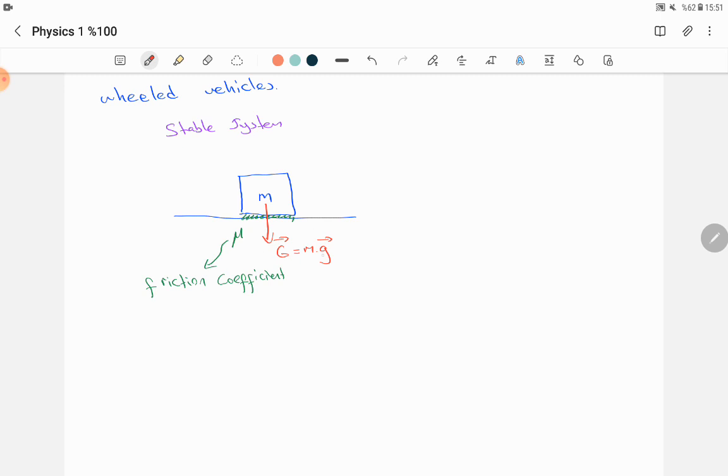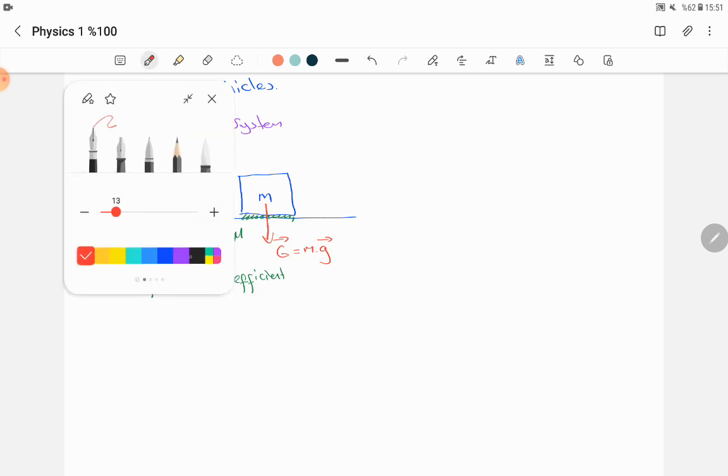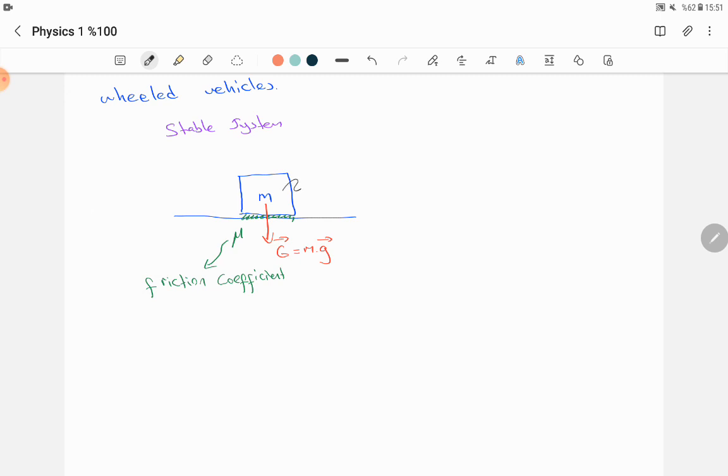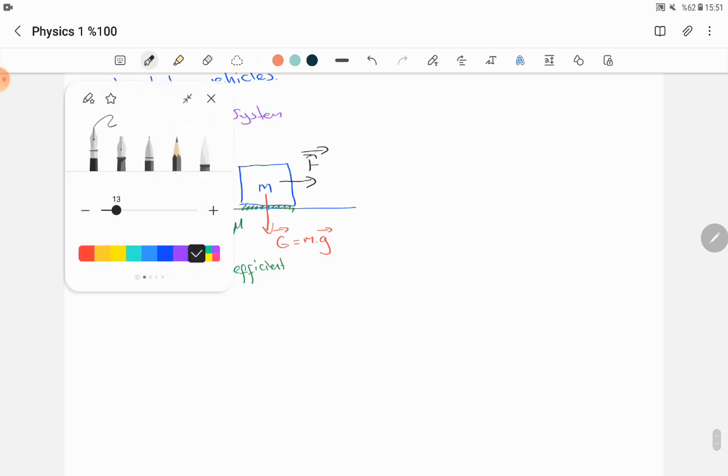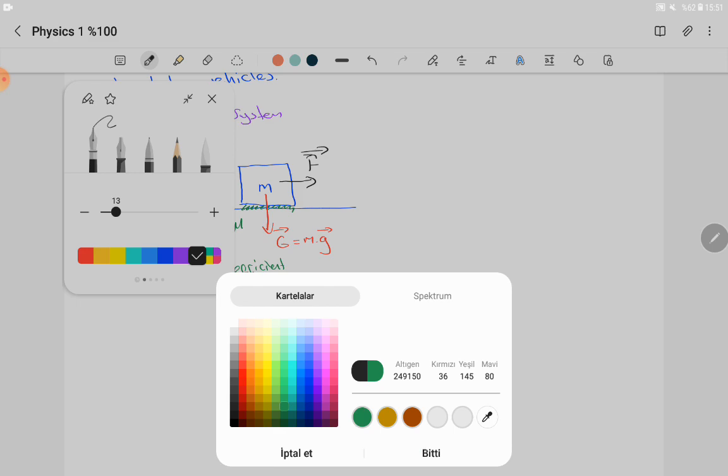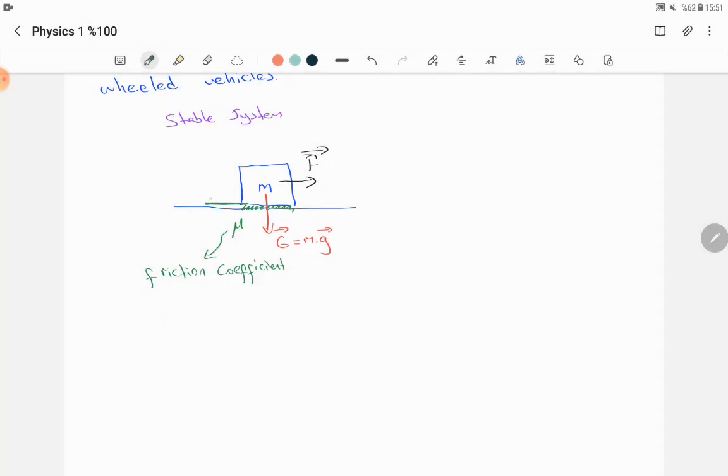We can find the gravitational force applied to our mass. If we apply another force, but this force is equal to the friction force, there is no initial speed and the system is stable.